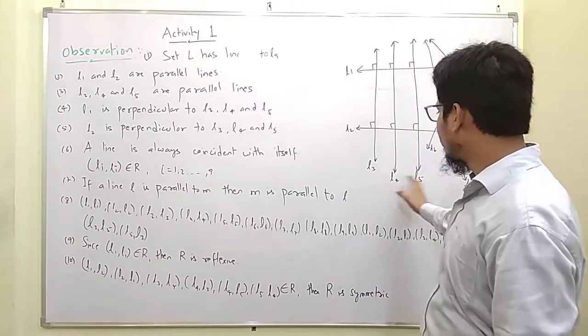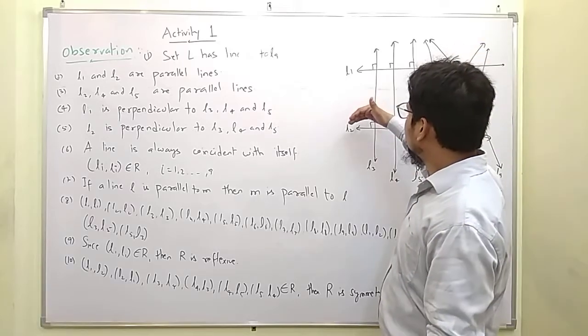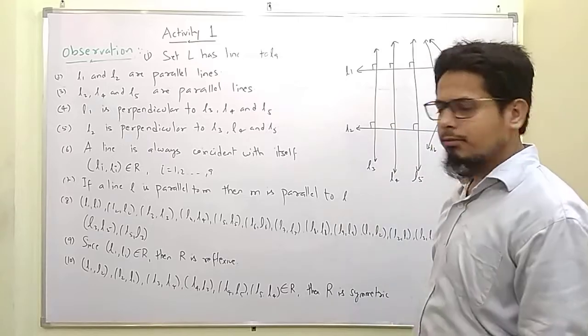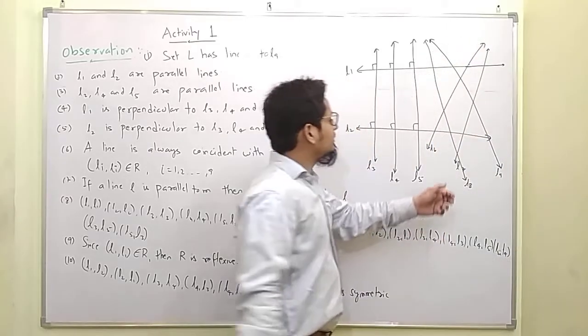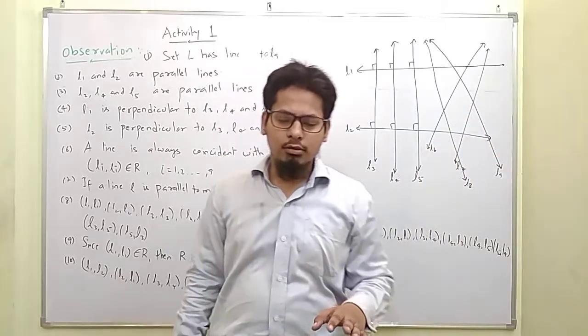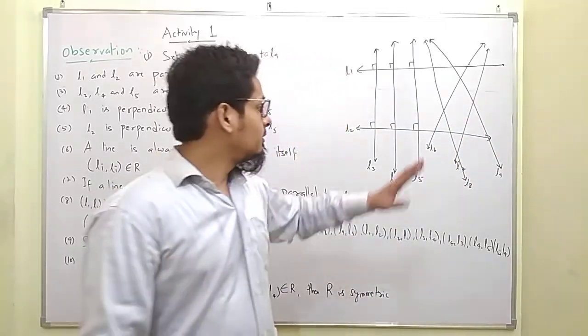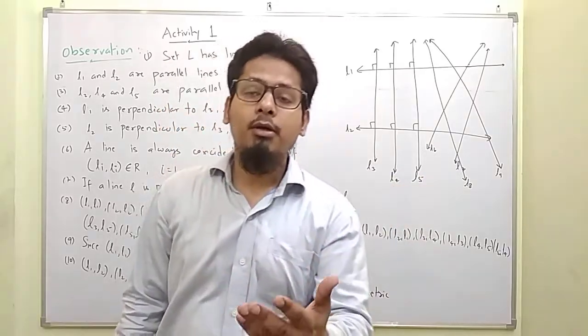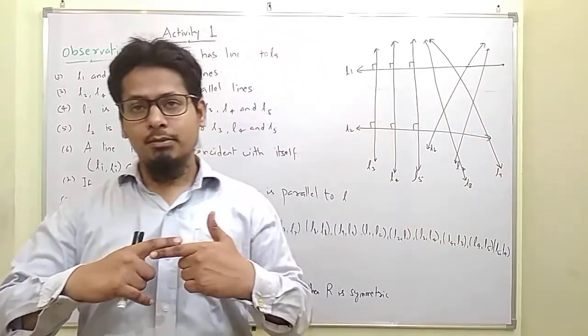You see lines 3, 4, 5 are parallel to each other, and 1 and 2 are parallel. These two are perpendicular, and lines 6, 7, 8, 9 are neither parallel nor perpendicular to the other lines, but they are coinciding with themselves.